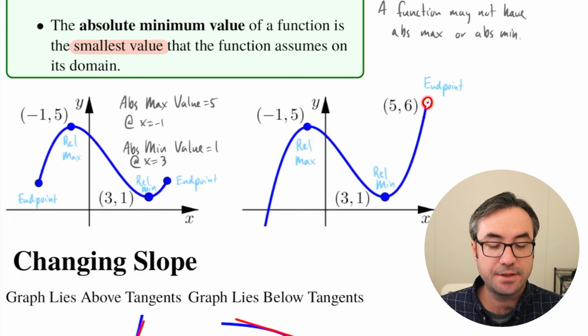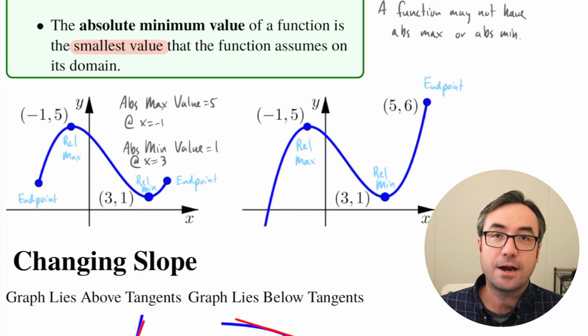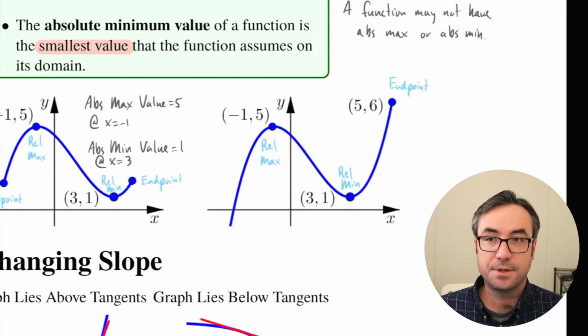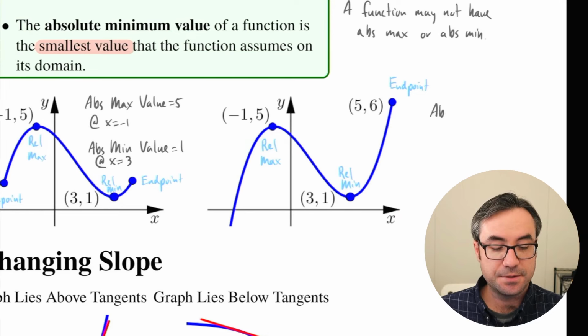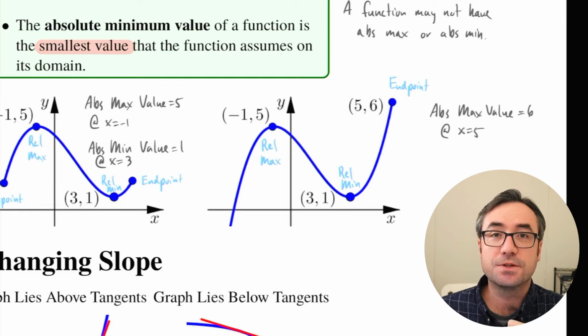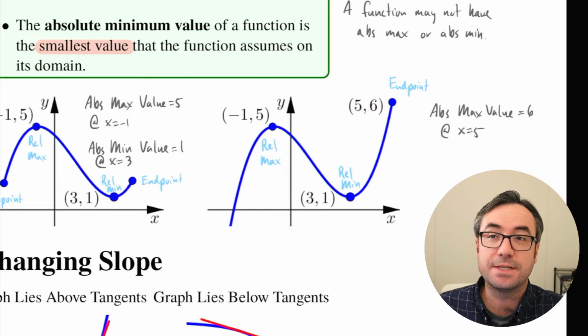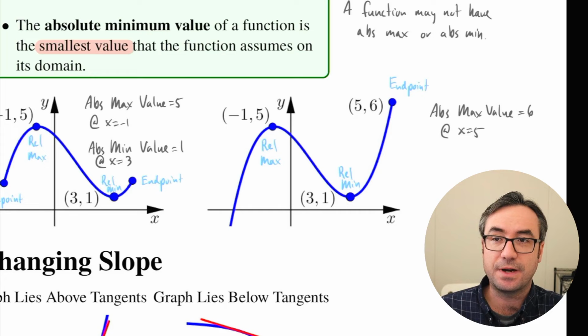This is actually the highest point that our graph has. So in this case, the absolute max value is the y-coordinate, 6, and it occurs at x equals 5. So the max value is 6, and the x-coordinate tells us where it's happening. So it's happening at x equals 5 here.